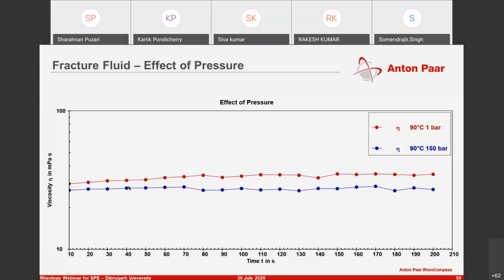You have a constant RPM of close to 43 here, 43 RPM. So you have a constant shear rate, and then you're looking at the viscosity as a function of time under different conditions. So you have 90 degrees at 1 bar, the red, and the drop in the viscosity because of increase in pressure.